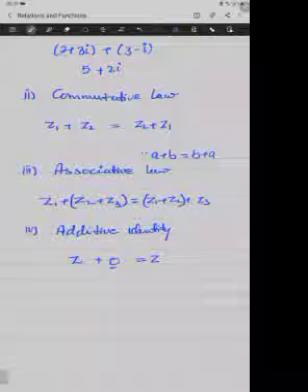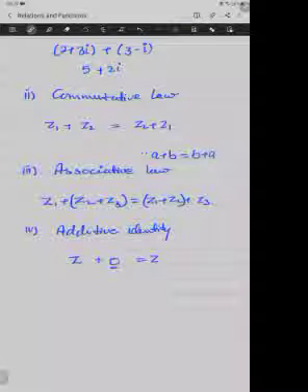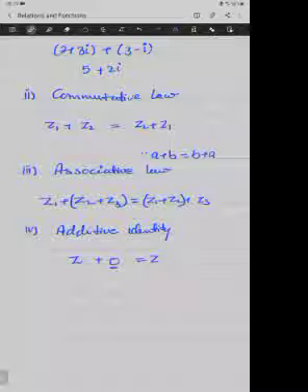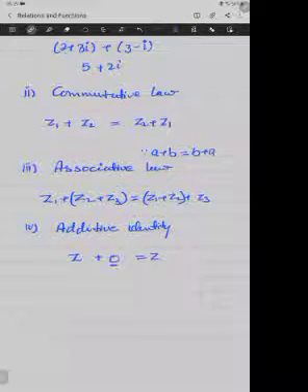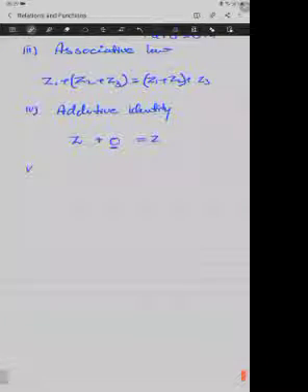That is 0. This is said to be the additive identity of the complex number Z. Last property, additive inverse.